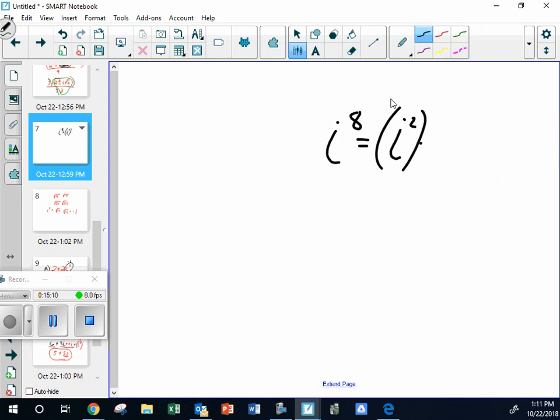It's i squared to the what power? i squared times i squared times i squared times i squared is i squared to the 4th. Do you get that's the same thing then as negative 1 to the 4th, which would then be 1? Okay.